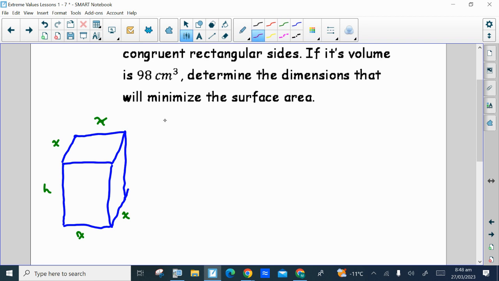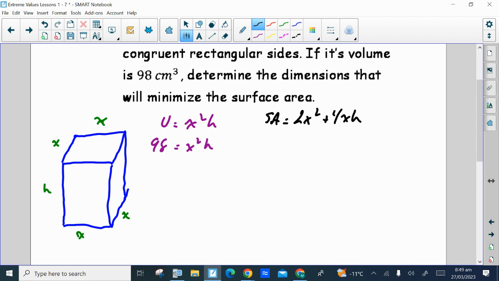So that's what's different between this one and the previous one as well. The volume is x squared times h, and we're told the volume is 98. You want to minimize the surface area, so an expression for the surface area would be, again, your bottom, which is a square that measures x by x, so that's x squared plus 4xh.